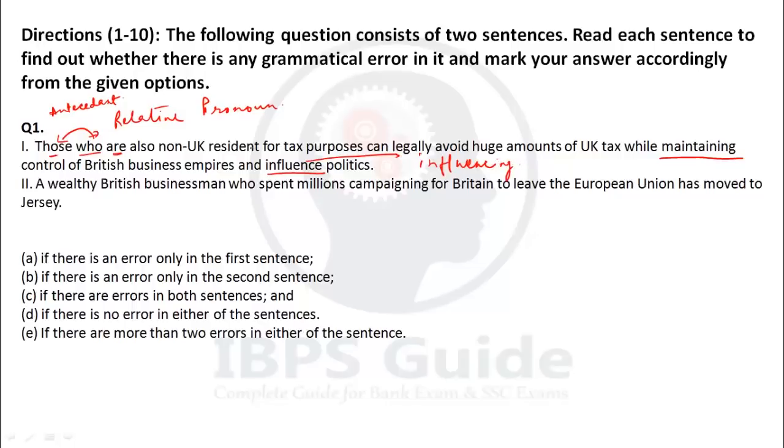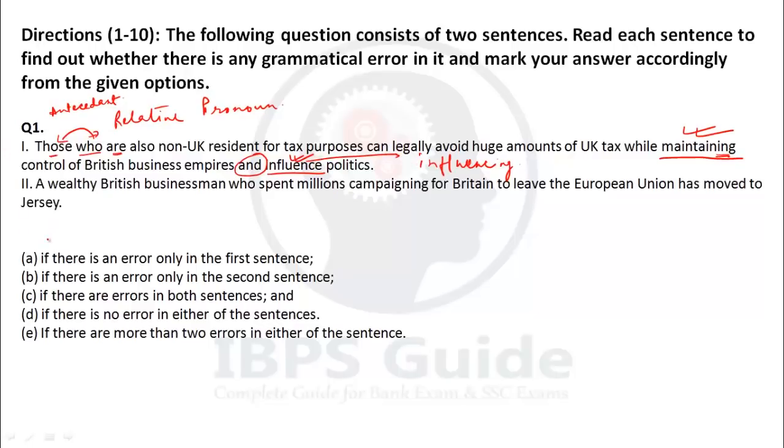Because when we add information by "and", both portions of the sentence should be the same in form. Since it is "maintaining", it should definitely be "influencing", because it is the ing form. So the correct sentence is: those who are also non-UK residents for tax purposes can legally avoid huge amounts of UK tax while maintaining control of British business empires and influencing politics. That means the first sentence is not correct.